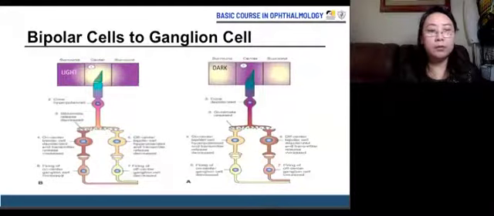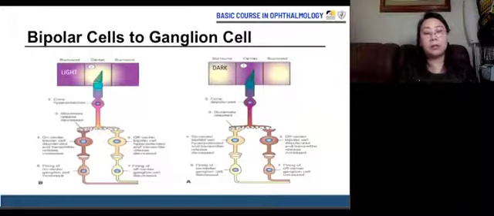In contrast, an on-ganglion cell that synapses with an on-bipolar cell reduces its production of action potentials when the on-bipolar cell is hyperpolarized when light is on. So the axons of these ganglion cells are what continue on as the optic nerve.